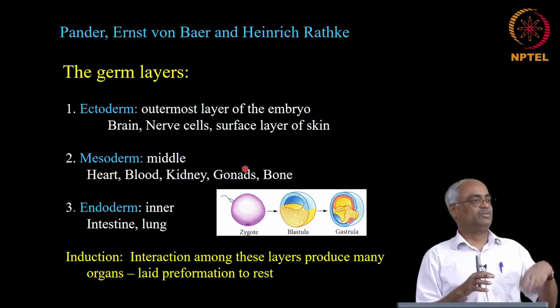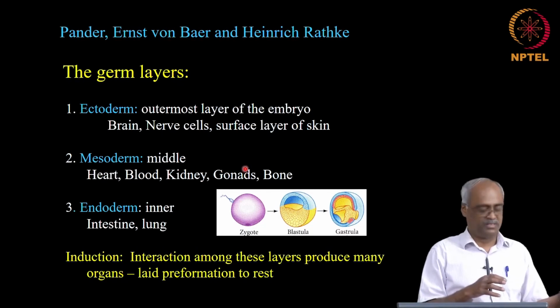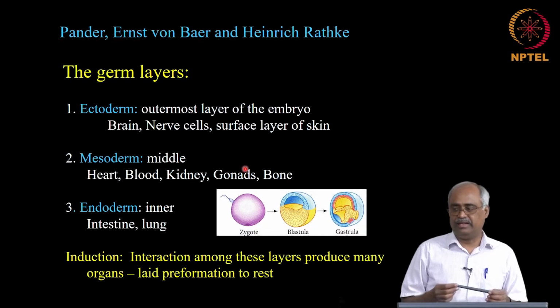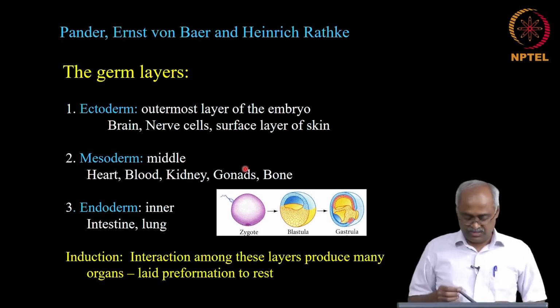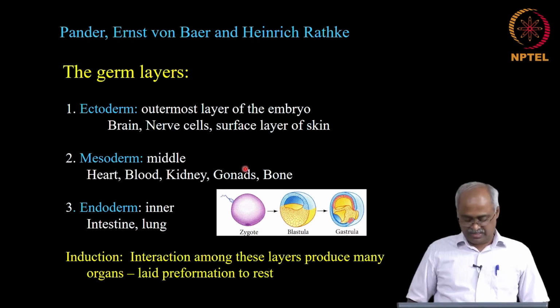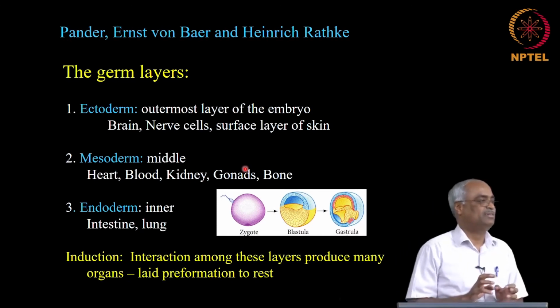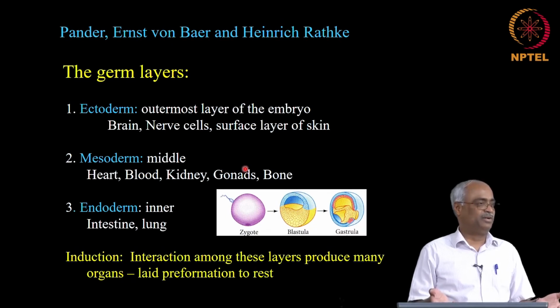So you saw notochord inducing the ectoderm in neural tube formation. That process is called induction, which we will learn in great detail several lectures later, induction, competence, and so on. But these guys were the first ones to recognize this. And induction, in the context of the epigenesis and preformation argument, was really the final nail in the coffin, so to say.